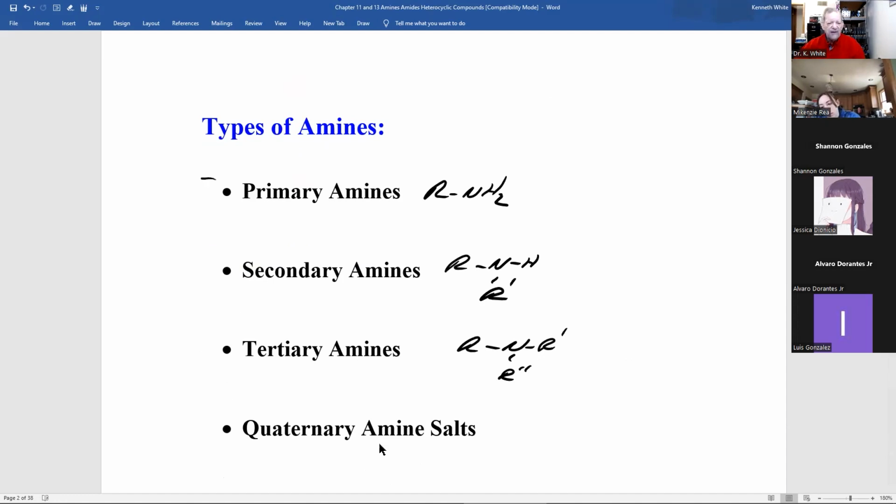Now, in amines, you have 3 bonds to nitrogen, which is why 1 R group plus 2 hydrogens makes 3. In secondary amines, you have 2 R groups, so 3 minus 2 is 1 hydrogen. And in a tertiary amine, 3 minus 3 is 0. Why? There are no hydrogens. So in amines, you have 3 bonds to nitrogen.